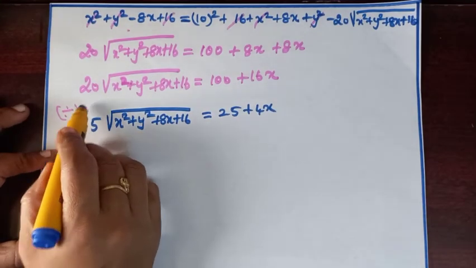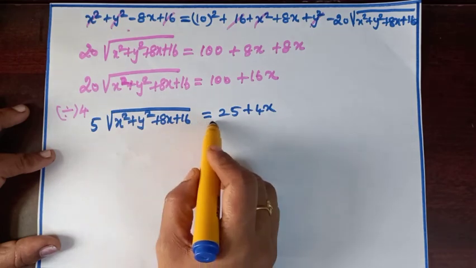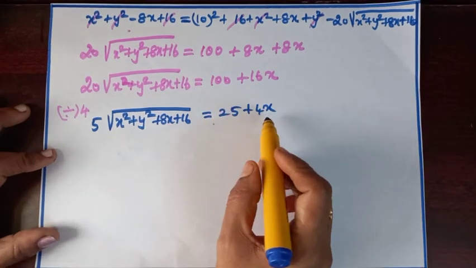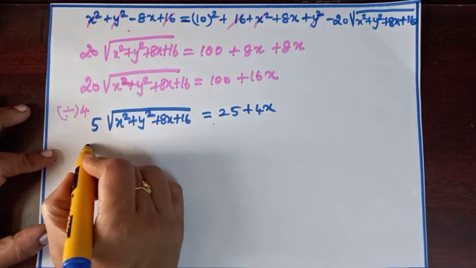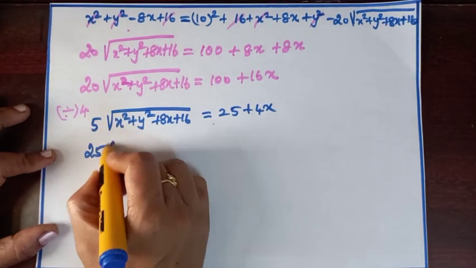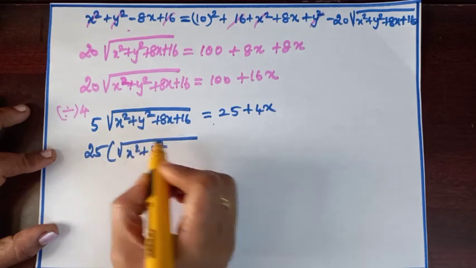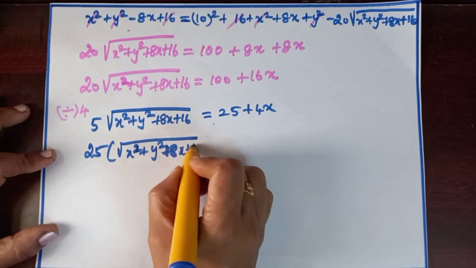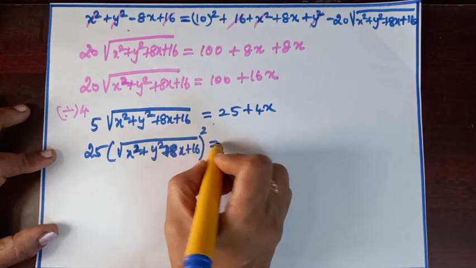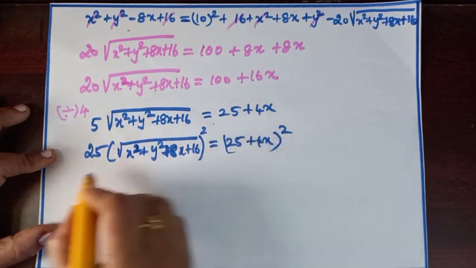Divide by 4. Then we get 5 root of x square plus y square plus 8x plus 16 equal to 25 plus 4x. Squaring again, 5 square will become 25, times (x square plus y square plus 8x plus 16), equal to (25 plus 4x) the whole square.